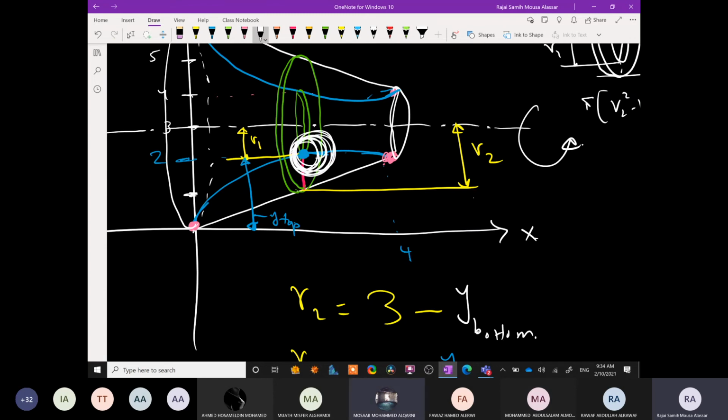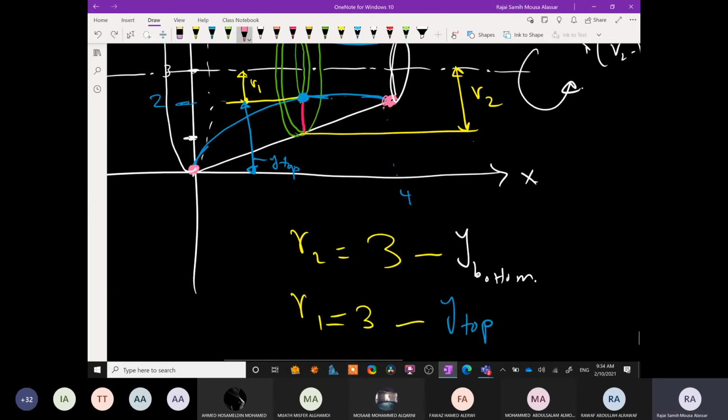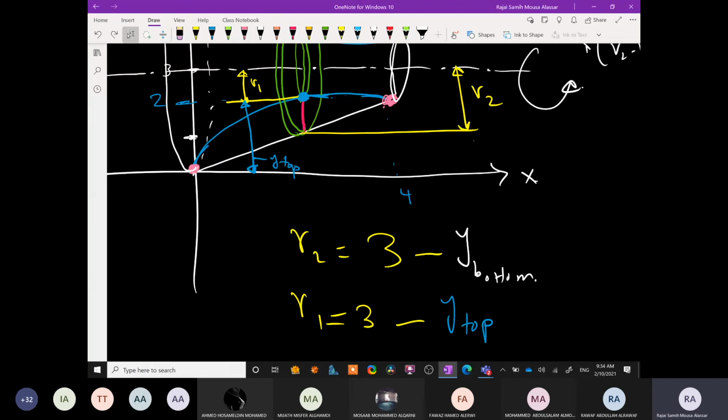So from here to here is R1. And from here to here is the y of the blue function, the top function. So R1 is 3 minus the top function, the blue function.